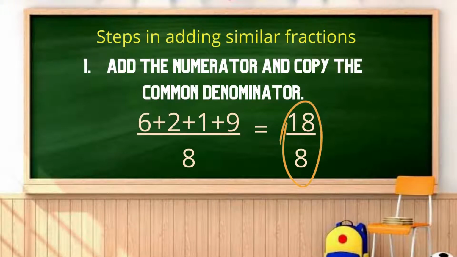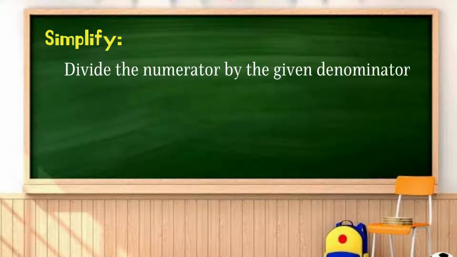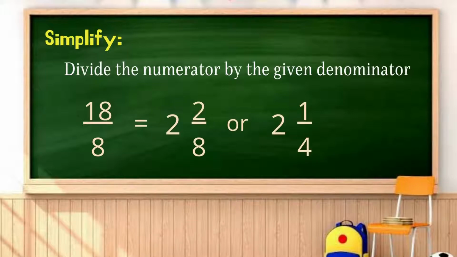What kind of fraction is it? Correct. It is an improper fraction. If your answer is an improper fraction, what will you do? Very good. You are going to simplify by dividing the numerator by the given denominator. So 18 divided by 8 will be 2 and 2/8, or 2 and 1/4.